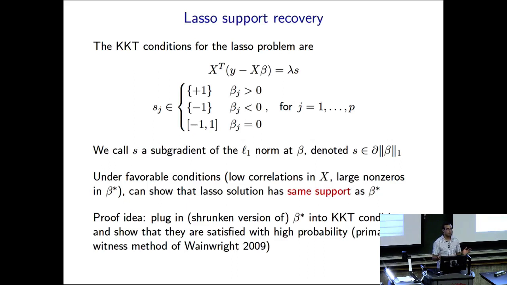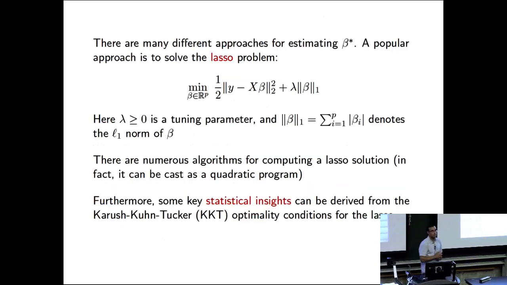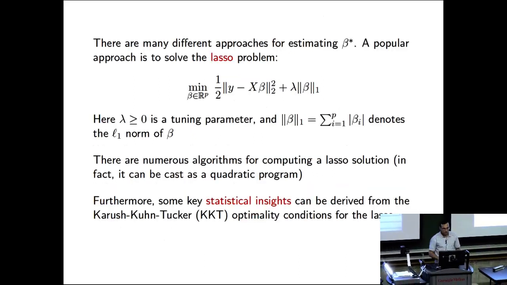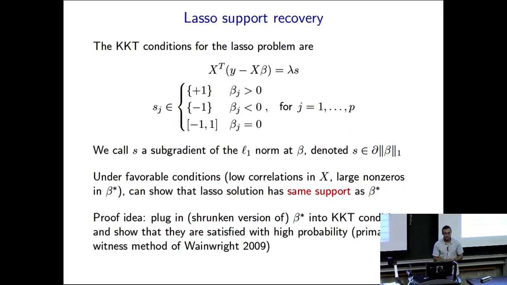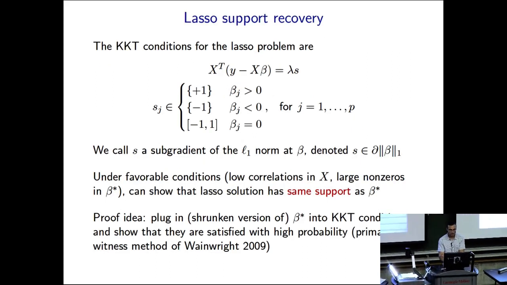They apply to convex problems in general, with or without constraints. And the criterion doesn't even need to be differentiable. So in this case, this is not differentiable. The L1 norm is actually not differentiable. But we still can get a set of conditions that characterize optimality exactly. And this is what they are. We have to have x transpose (y minus x beta) equal to lambda times s, where s has to satisfy the following relationship.